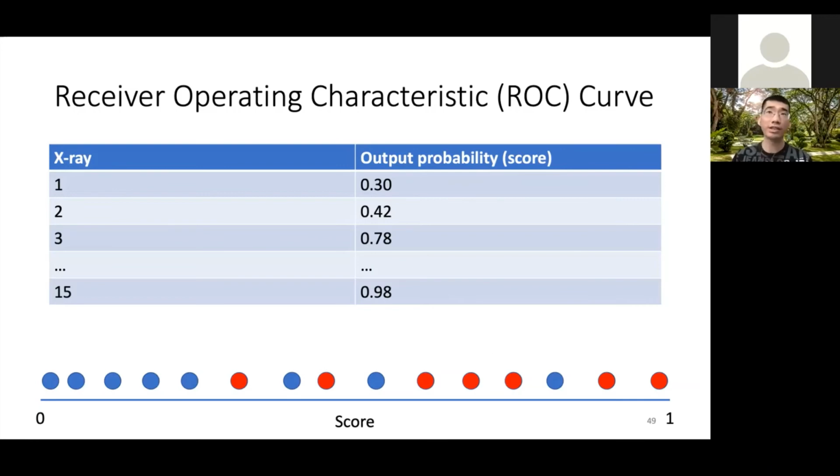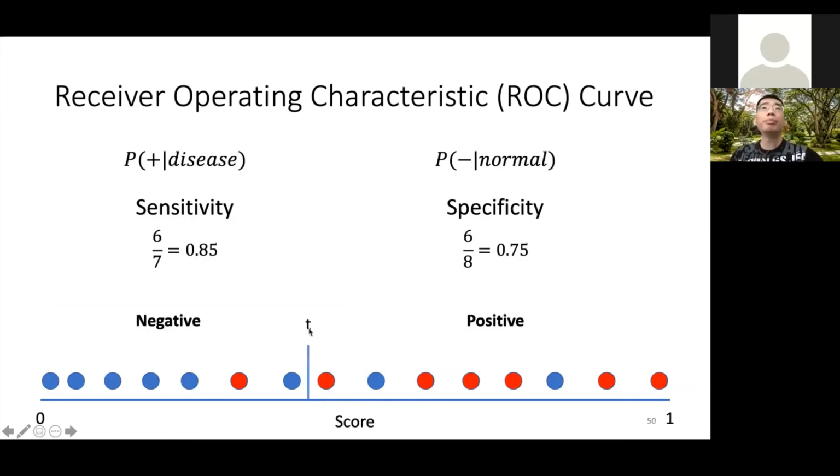So let's color them accordingly. So here disease is red and normal is blue, okay? So we can pick a threshold, small t, that sets everything on the right-hand side of the threshold as we classify positive, and everything on the left-hand side of the threshold we classify as negative.